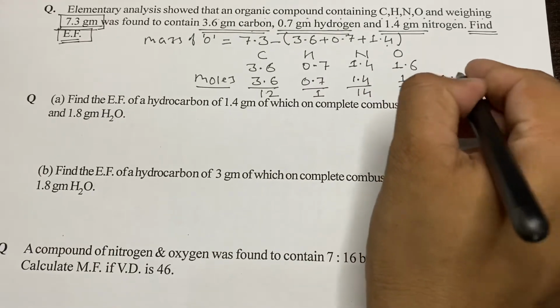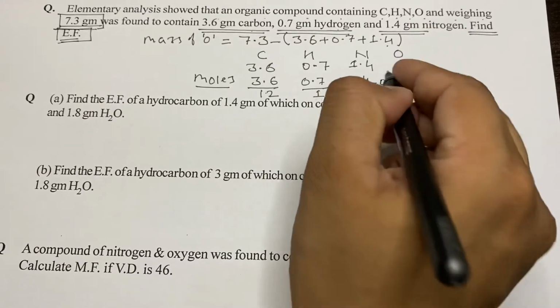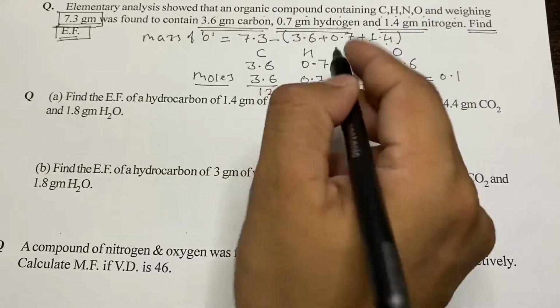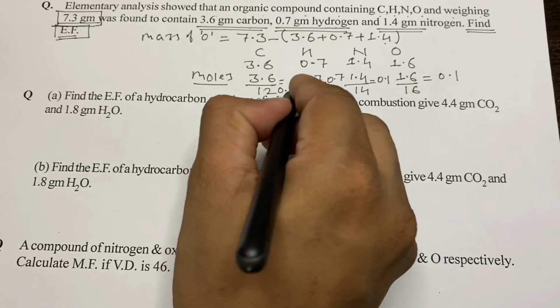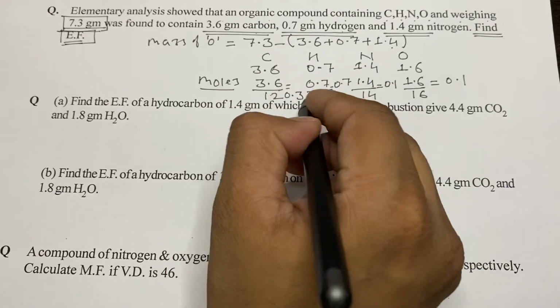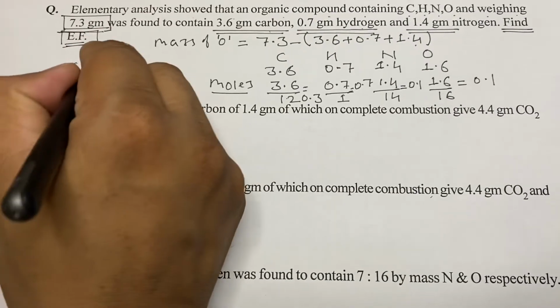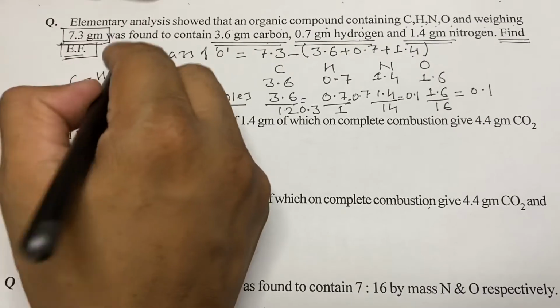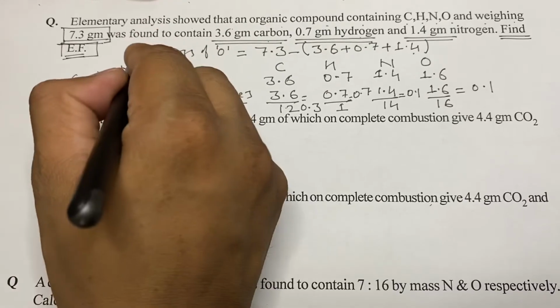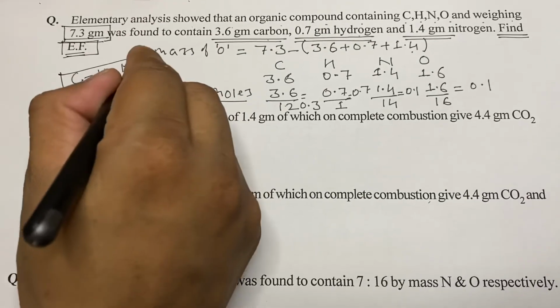This will give 0.3, 0.7, 0.1 and 0.1. On taking the simplest whole number ratio of this, what you will get is C3H7NO. This is the empirical formula of this compound.